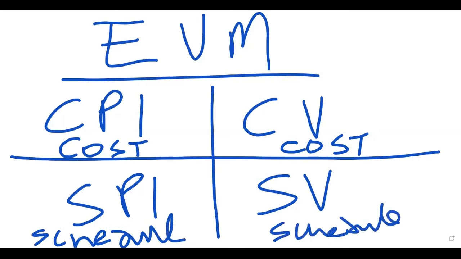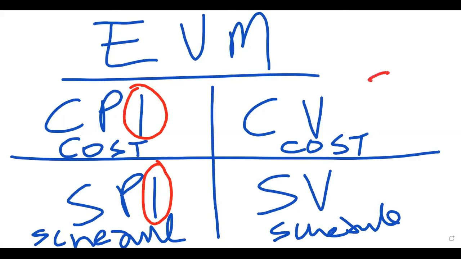Now, the only difference is that the cost performance index has to do with indices, right? An index. The schedule performance index has to do with an index, which means there's no currency. It's just a number like 1.2 or 0.5 or 0.8, things like that.